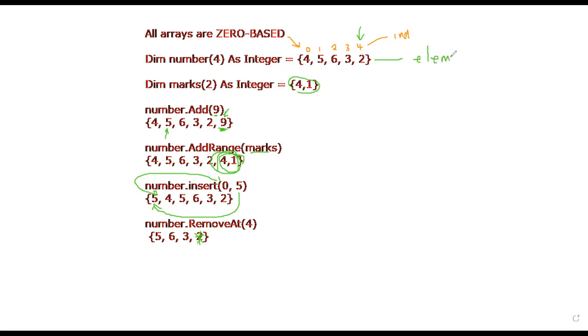We've done this in Java, and you've done it in data structures. Then the index is the position. The indexing starts from 0, 1, 2, 3, 4. But the elements that you see are different.